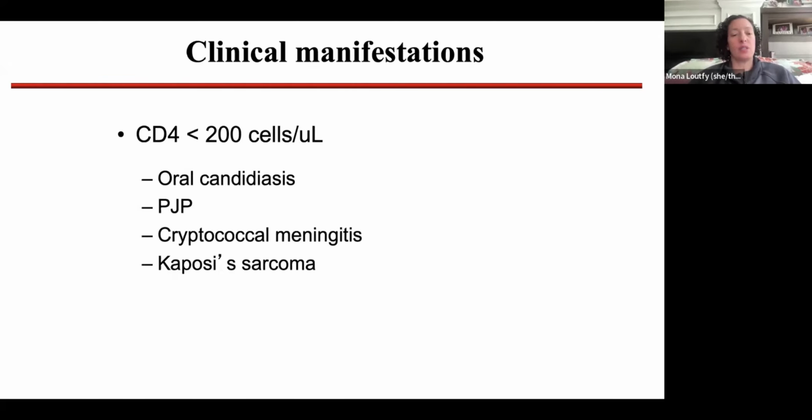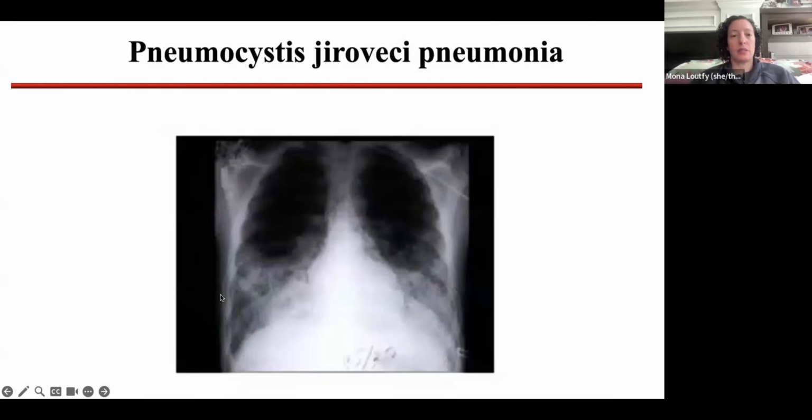PJP is pneumocystis jirovecii pneumonia. It's the most common opportunistic infection, and I think it's considered a fungus now. It causes a chronic or subacute pneumonia, and it's actually the most common cause of death if HIV goes untreated.